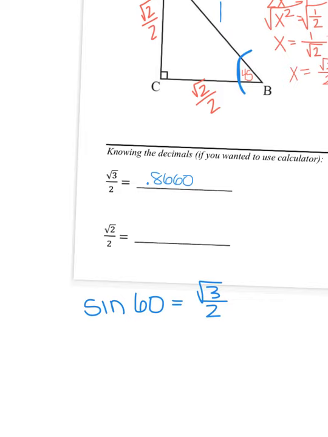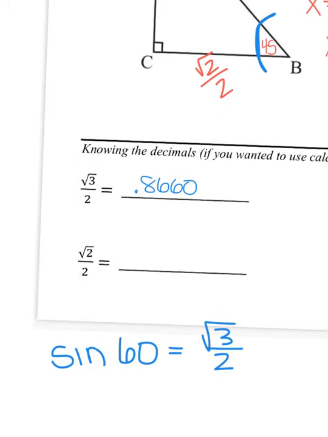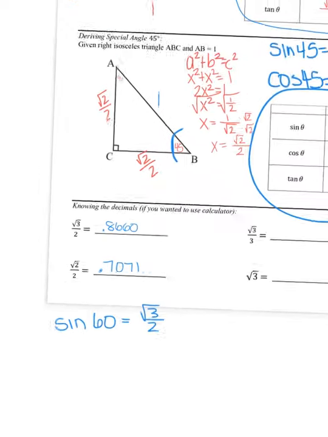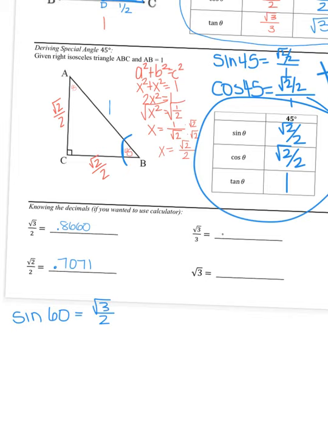Or you can just memorize that the sine of 60 is rad 3 over 2 without typing that into your calculator, okay? The square root of 2 over 2 is 0.7071. The square root of 3 over 3 is 0.5773. You can do these on your own. You could type into the calculator radical 3 divided by 3, and it's going to give you 0.5773. And then last one, the square root of 3 is 1.7320.